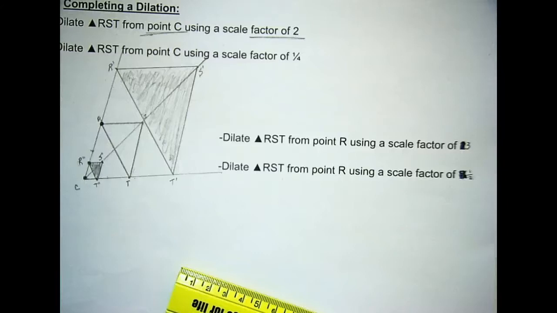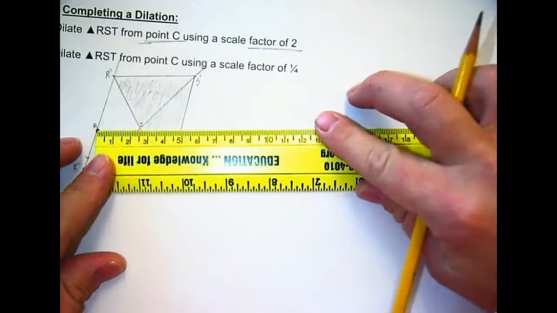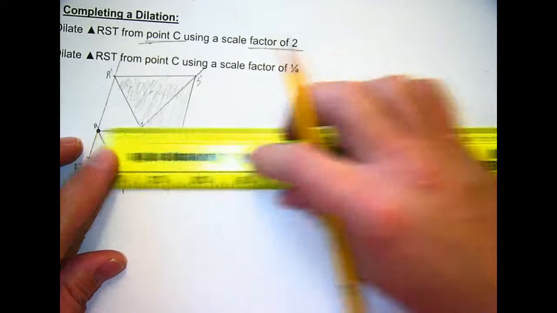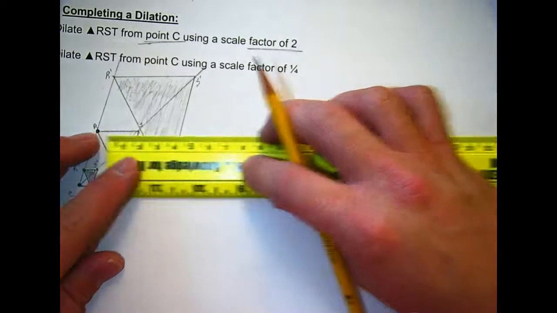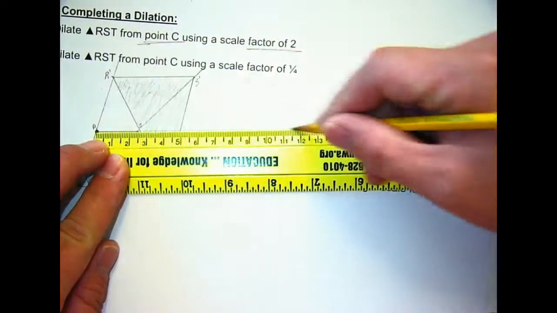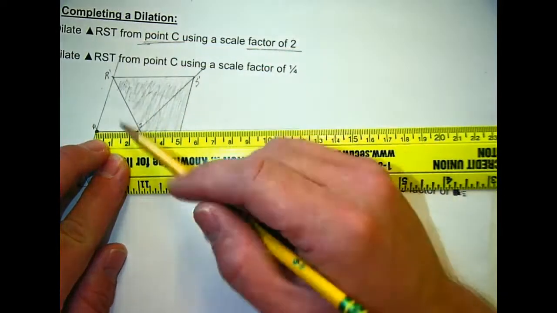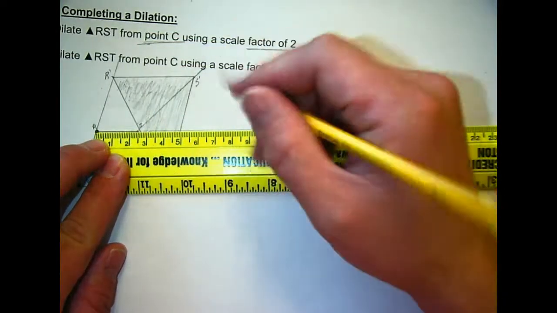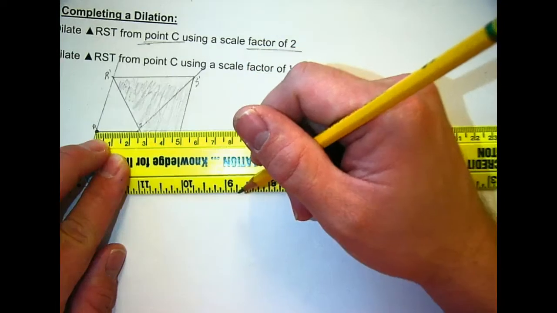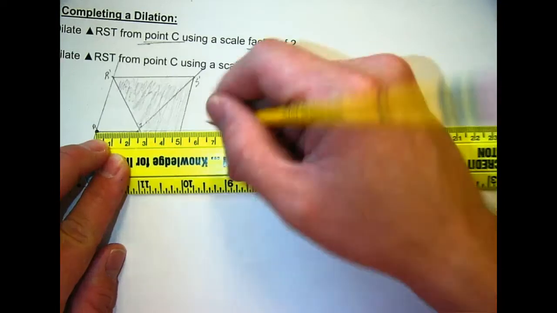Then hold up. I'll be walking around. Well, here. So I have from R to S, looks like about 2.5. Okay, so I need to go 2.5 out. Well, actually, I need to draw my line through that first. So 2.5 times 3 is 7.5, right? 2.5, 2.5, 2.5. Yes, let's go 7.5.